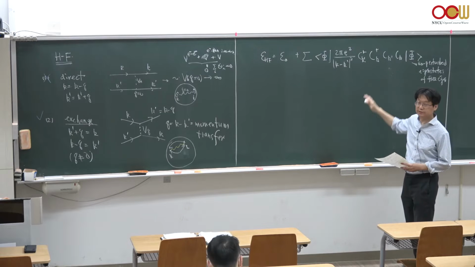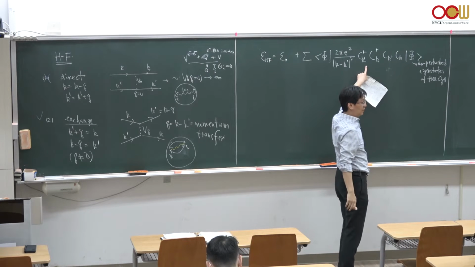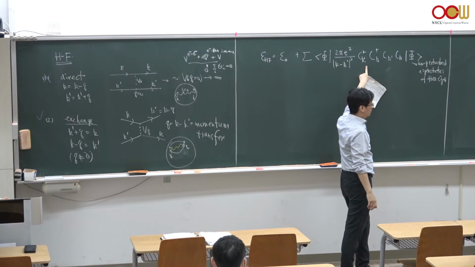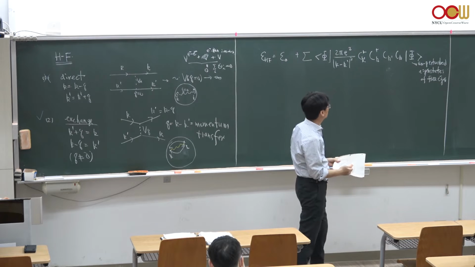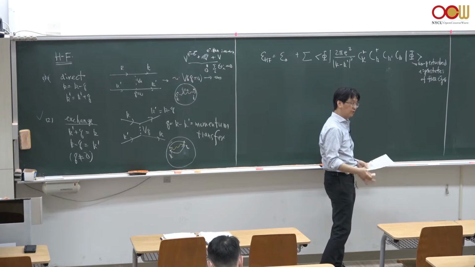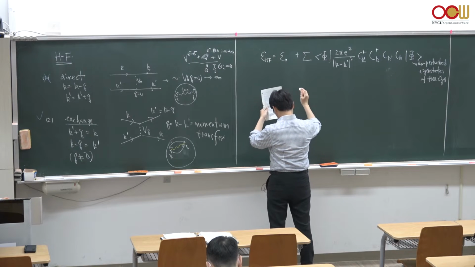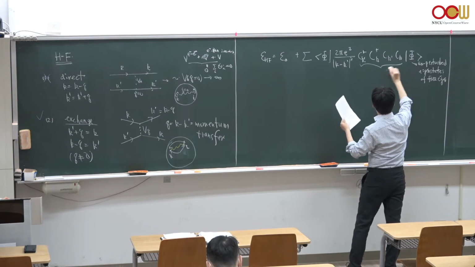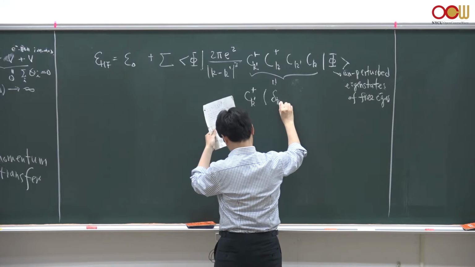So what next? Well, the next step is trying to simplify these four fermion operators by using these anti-commutation rules, and to transform these four fermion operators into a function of the occupation number operator. So let's do it. So this four-operator object is reduced to this one.